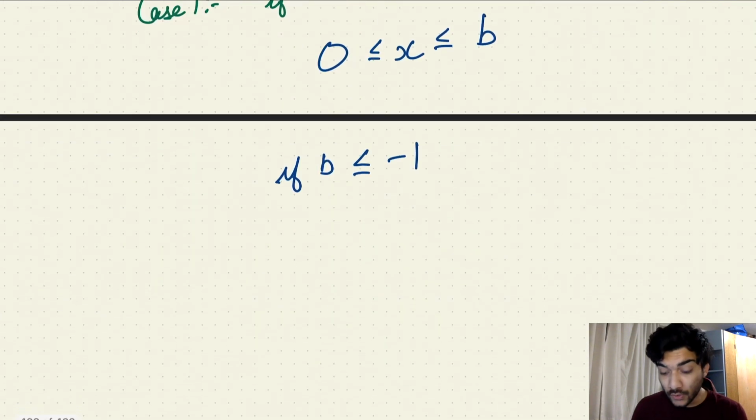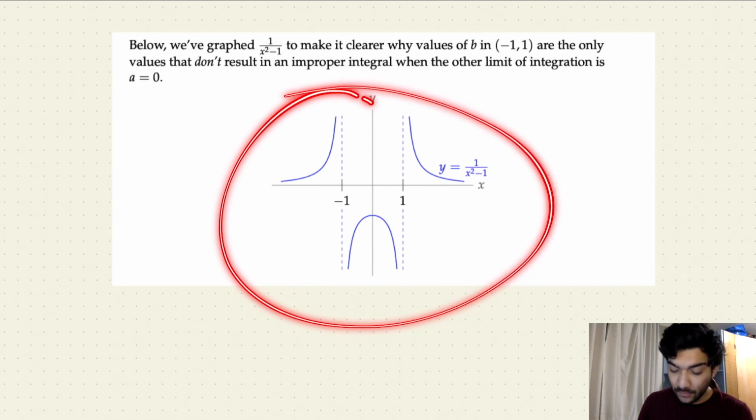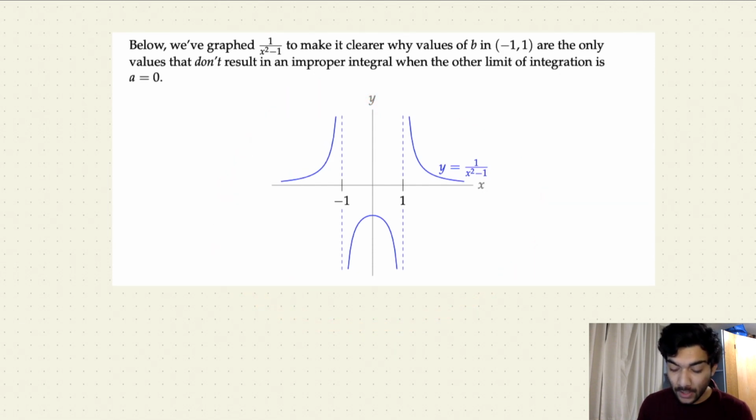You can also clearly notice in the solution to this problem the graph of 1 upon x square minus 1, and you can see why the values of b in between minus 1 and 1, not included, work. It's easy for us to calculate the definite integral for this interval, from minus 1 to 1, right?